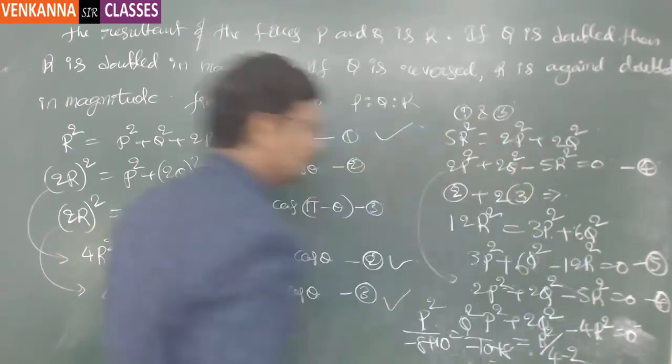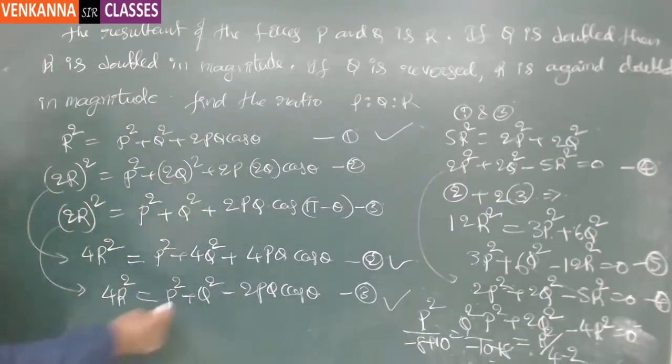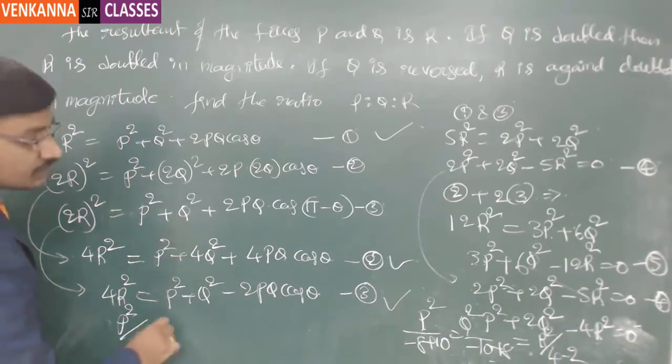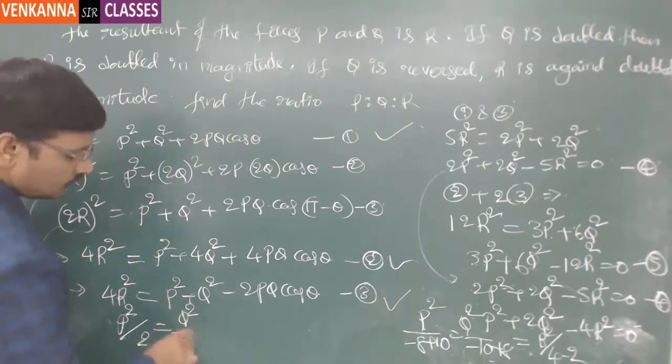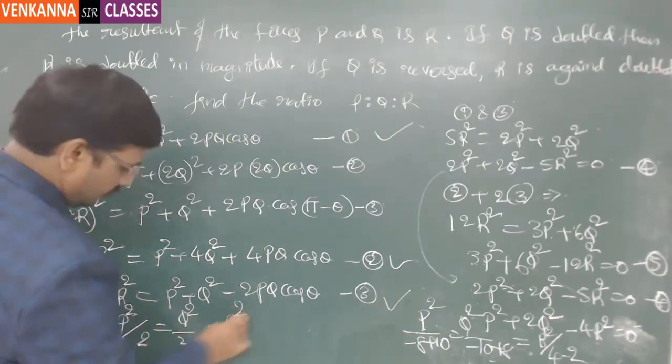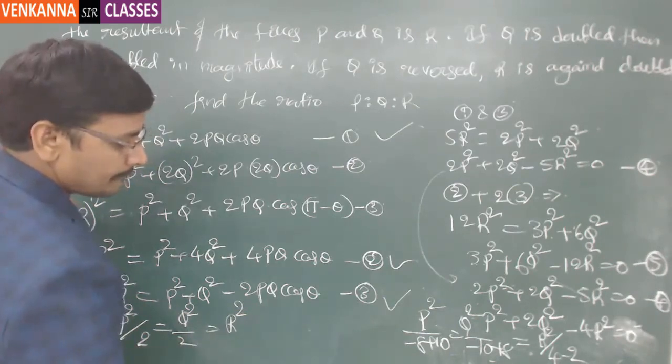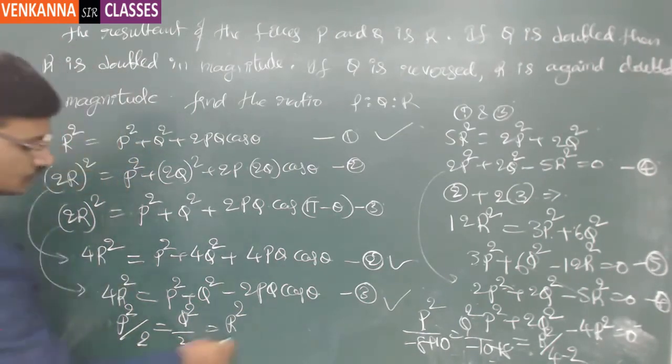So finally we arrived at p square by 2 is equal to q square by 2 is equal to r square by 2.